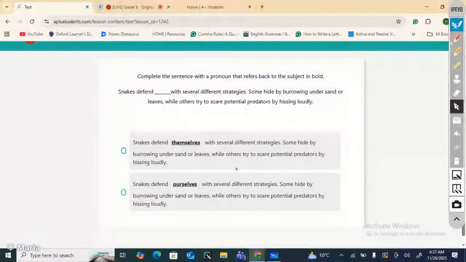Okay. Snakes defend blank with several different strategies. Some hide by burrowing under sand or leaves, while others try to scare potential predators by hissing loudly. Now, the subject is snakes. Choose the pronoun accordingly, themselves or ourselves. It's easy to tell right now because both are reflexive pronouns.